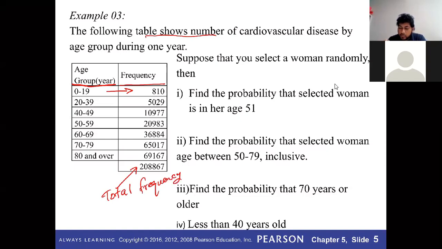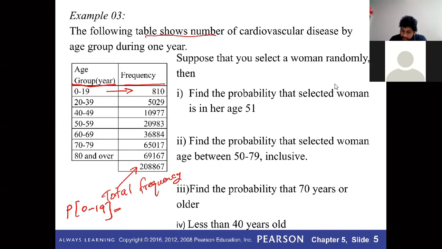Whenever you need to find a particular probability that belongs to a particular age group, let's say I need to find the probability of age group 0 to 19. Actually this is not the correct way to write this, but to understand, I just need to find the probability which belongs to age group 0 to 19. So what is the formula? We find the probability as the frequency belonging to that event divided by the total number of outcomes.